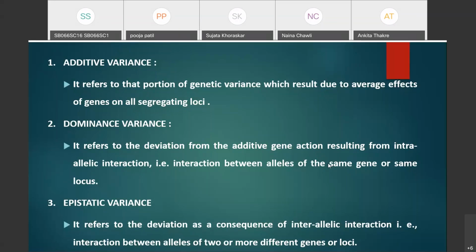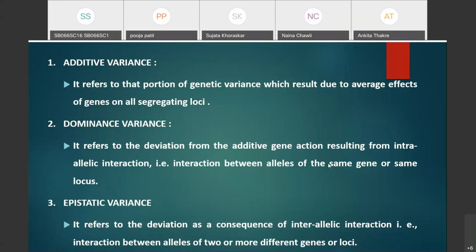Then the second one, the dominance variance. Dominance variance refers to the deviation from the additive gene action resulting from intra-allelic interaction, that is, the interaction between the alleles of the same gene or the same locus.